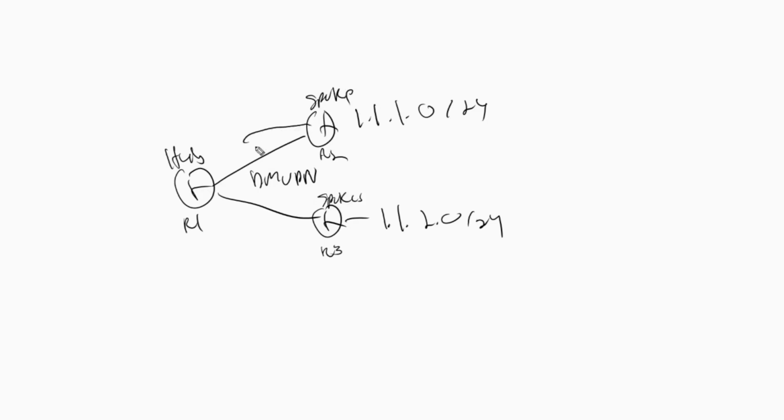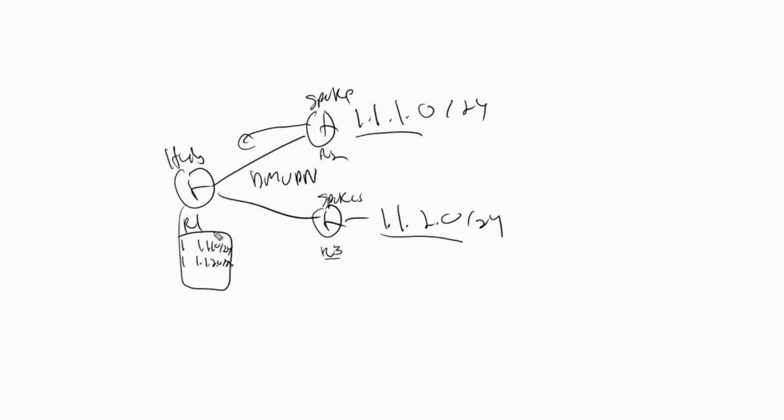Cool. So R2 advertises the 1.1.1.0 network. Awesome. So the hub records that, puts it in its routing table as one hop away /24. And then it's going to also advertise, or it's going to know about 1.1.2.0, and it's one hop away.